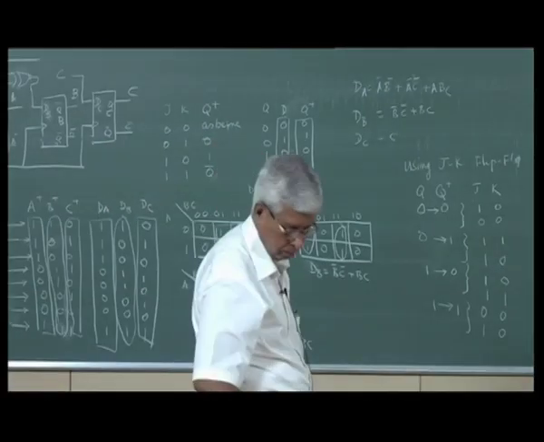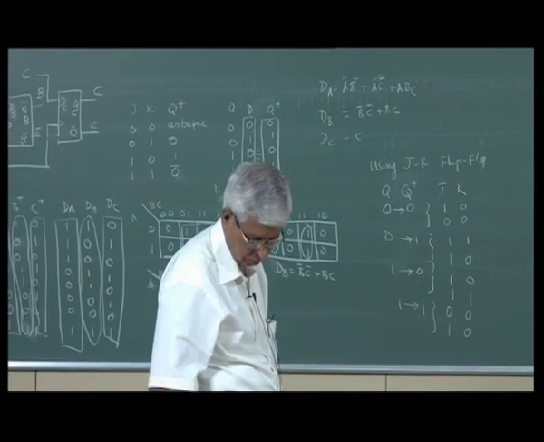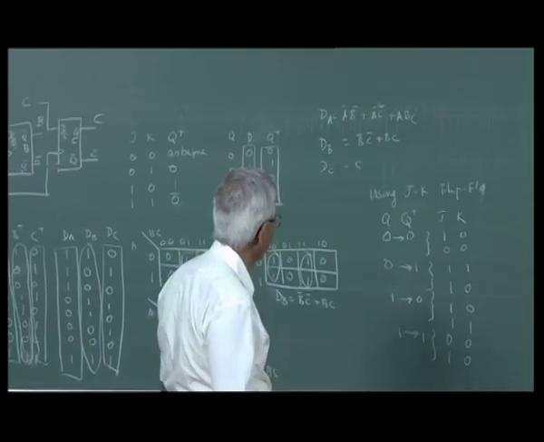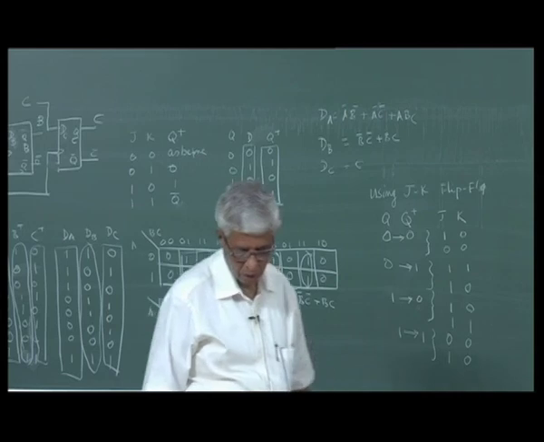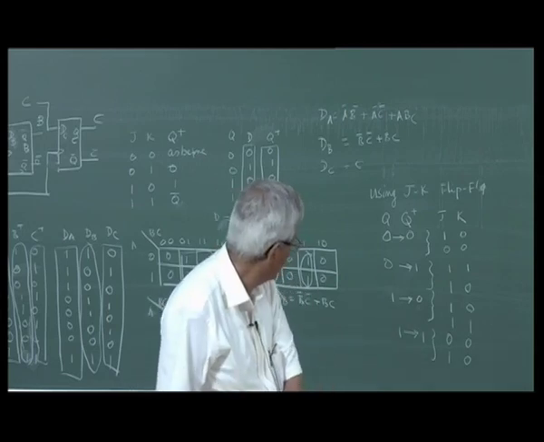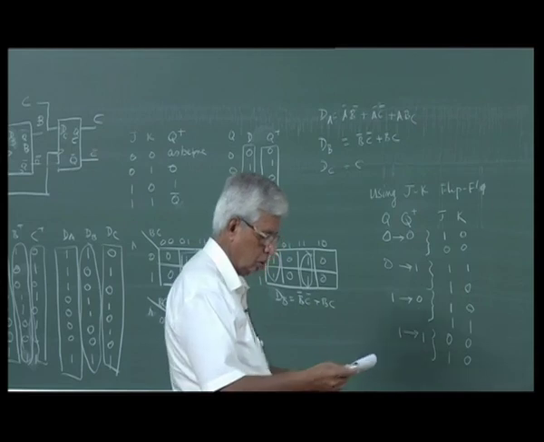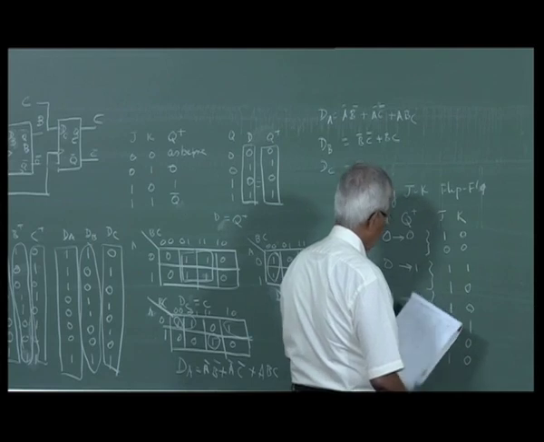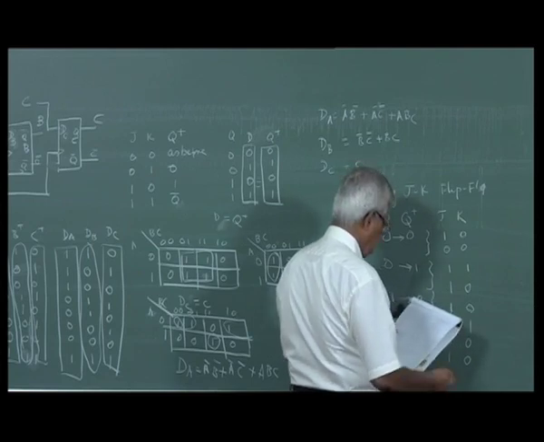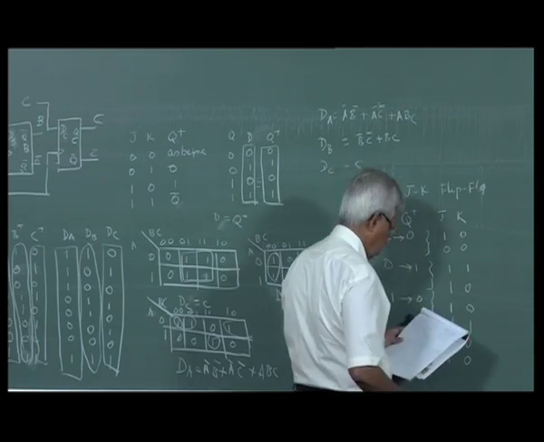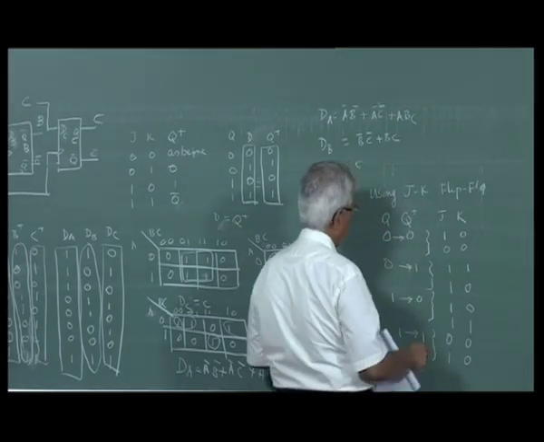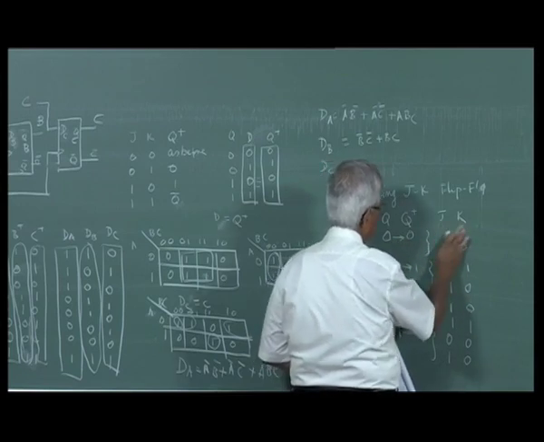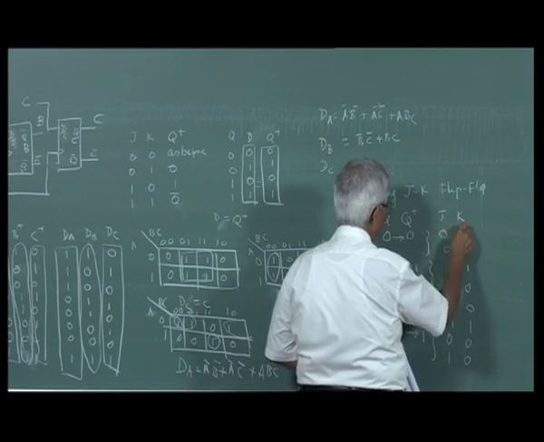Now, so we have now 0 to 0. Wait a minute, if present state is 0, next state is also 0, that can happen if I make J is equal, I am sorry, this is the other way, J is equal to 0 and K is equal to 1.